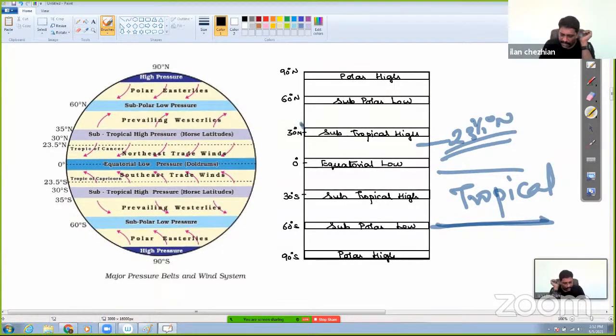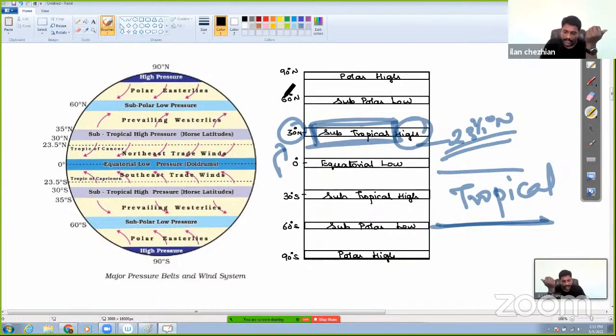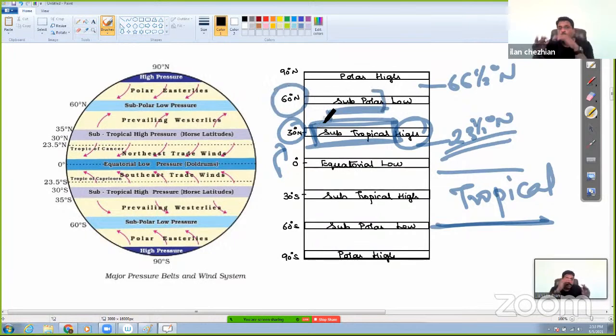So 30°, slightly beyond this tropical region, we call subtropical, and the pressure is high. Similarly, 66° is the Arctic, the polar region. Slightly beyond the polar region is subpolar. Slightly beyond the tropical, subtropical. Slightly beyond the polar, subpolar.